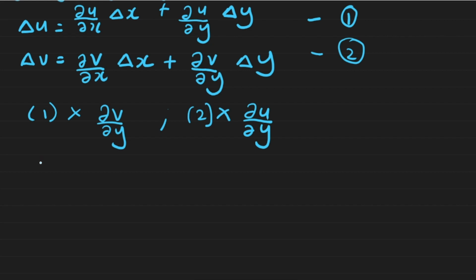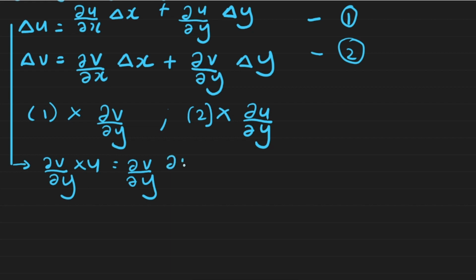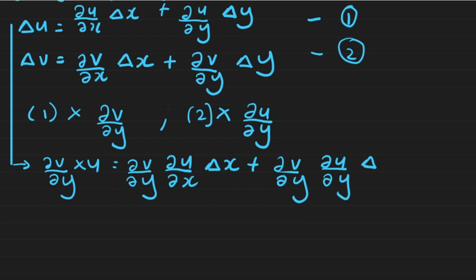If we do that, we're going to end up with ∂v/∂y times delta u equal to ∂v/∂y times ∂u/∂x delta x plus ∂v/∂y times ∂u/∂y times delta y.